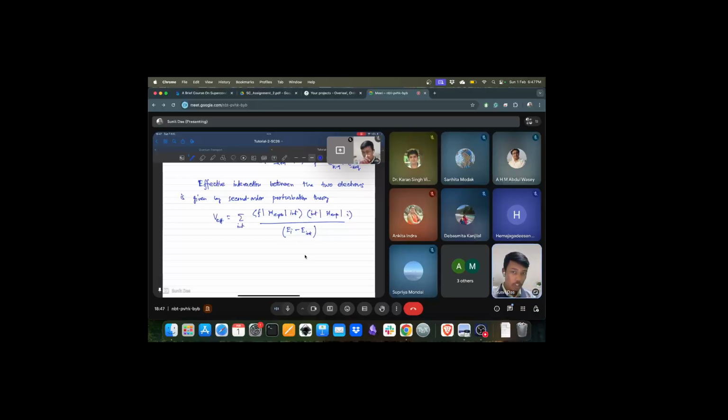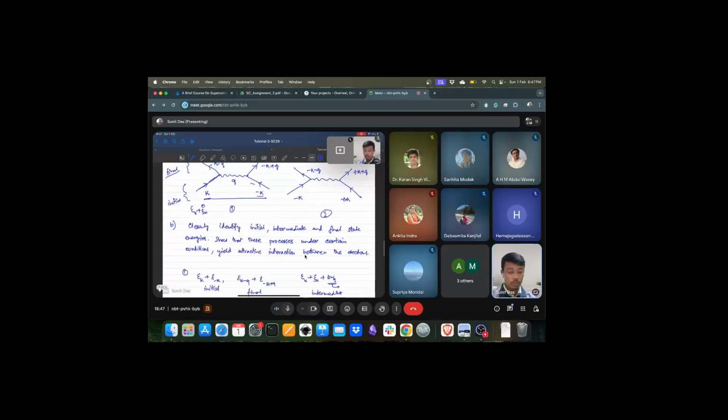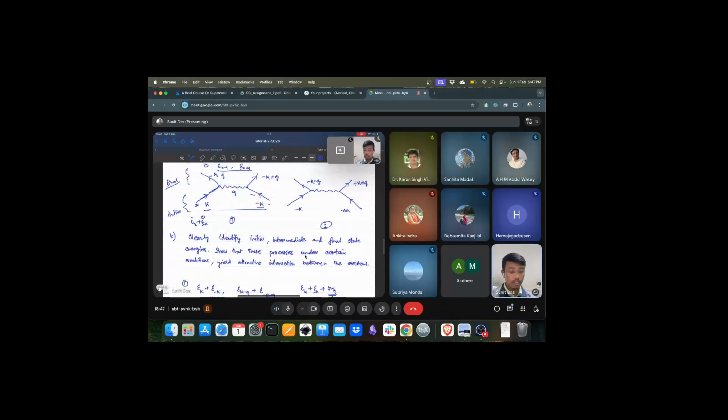So why not first order perturbation? That is because the initial state electrons, starting from k to minus k, are the two initial electrons, and these are the two final electrons. One loses momentum and the second electron gains the momentum. This is not happening through a first order process, meaning the electrons are not directly interacting with each other and then going to another final state.